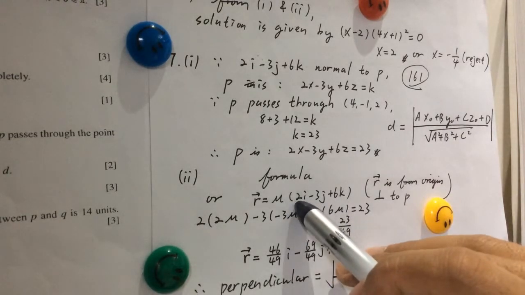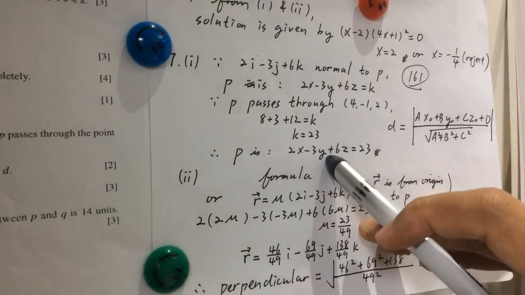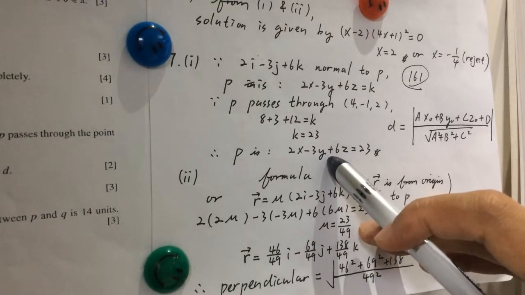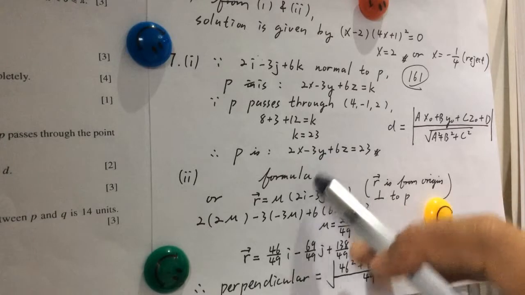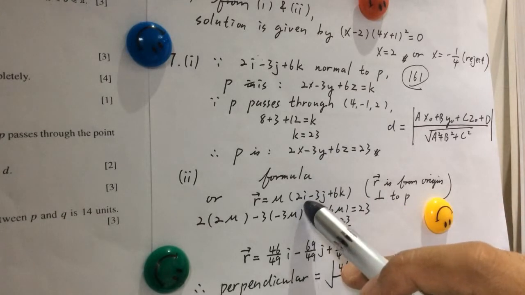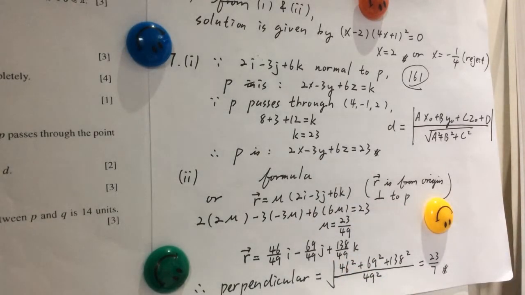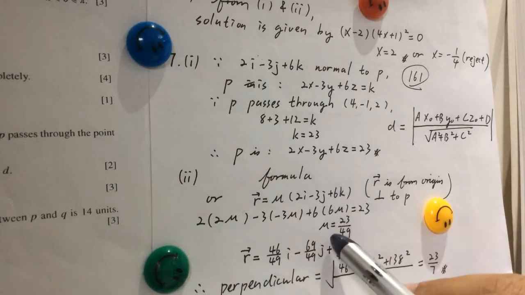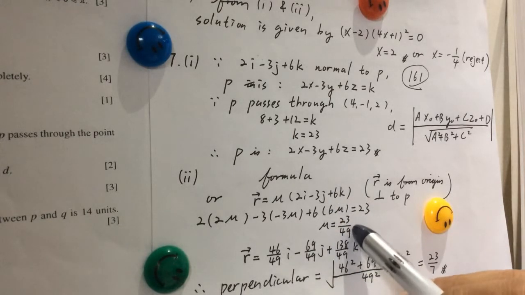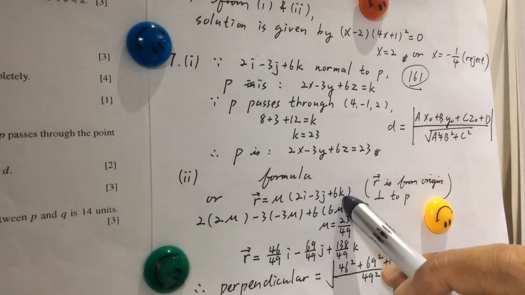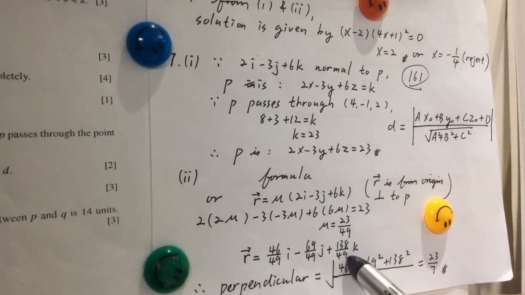So this point satisfies the equation of the plane, because the point is located on the plane P. Then we're able to find out mu, put mu back into the position vector, and find the required perpendicular distance.